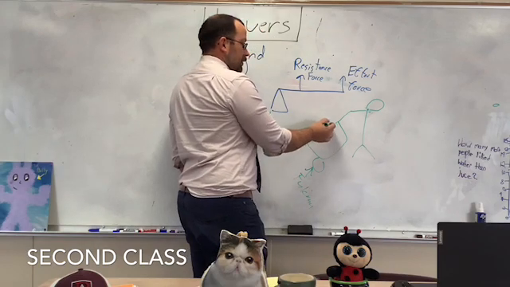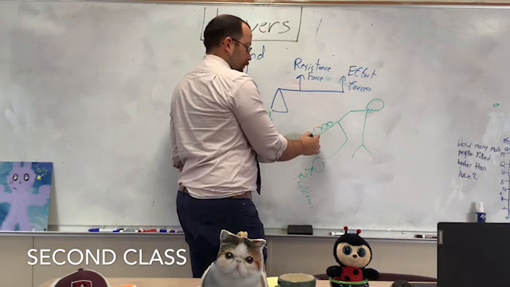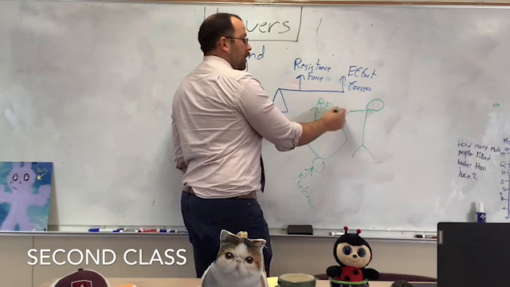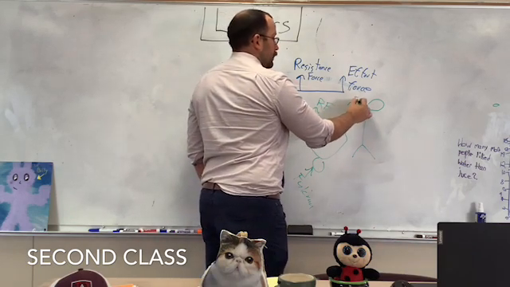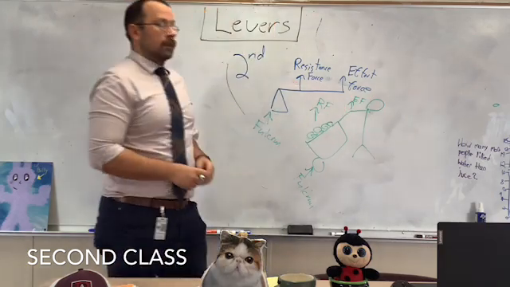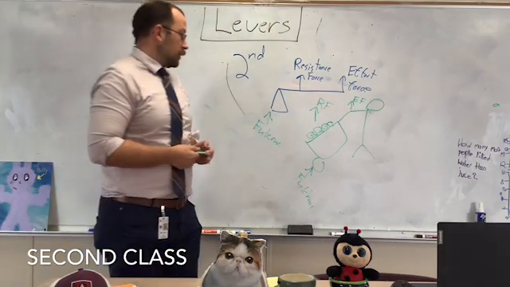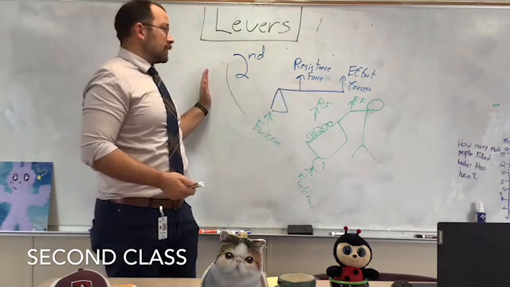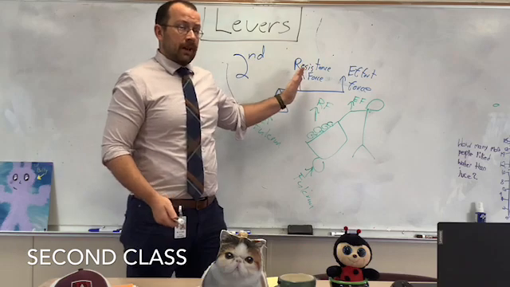Here is your resistance, I'm just going to write RF, and here is your effort force. So it goes fulcrum, resistance force, effort force. The first class lever went resistance force, fulcrum, effort force.